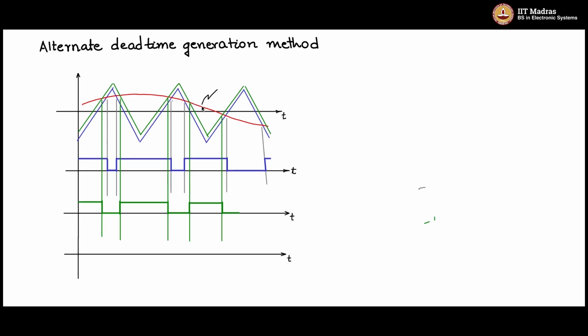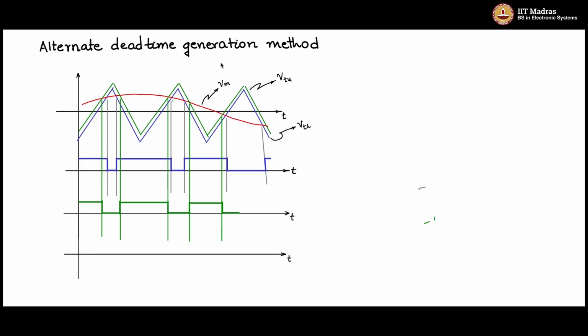The low frequency red line waveform is the modulating signal, call that one as Vm. I am going to indicate this green triangle as the upper triangle, V triangle upper, and the blue as V triangle lower.